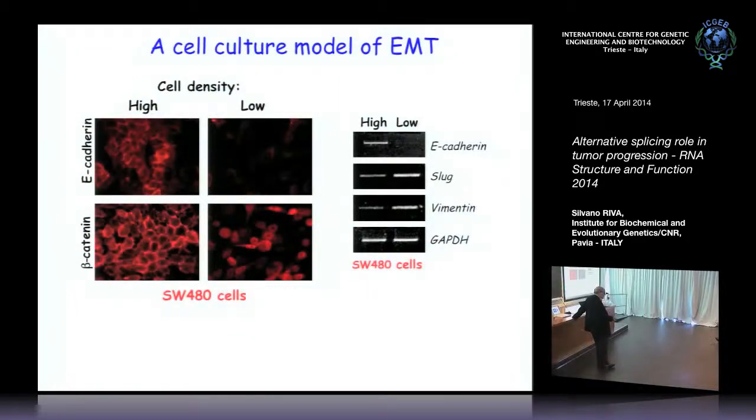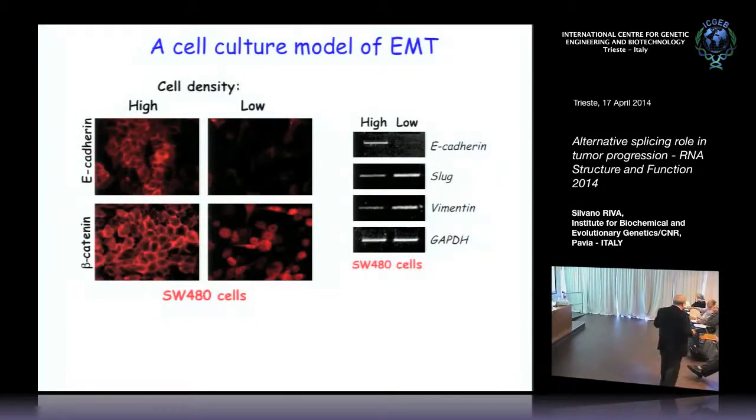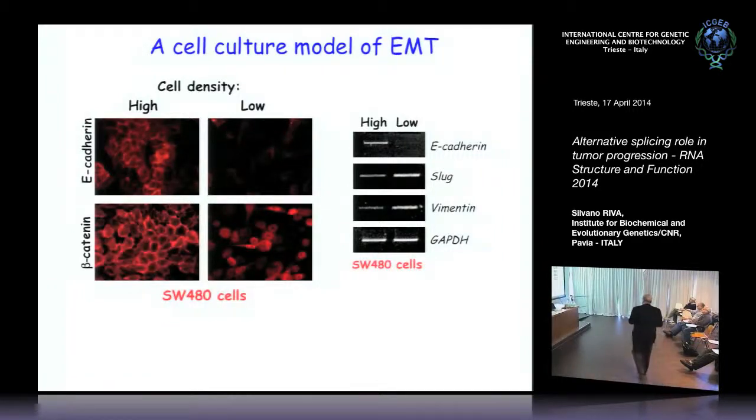So we did a lot of work. We verified that it's this single event. I'm not saying that EMT can be induced only by skipping exon 11 in the RON oncogene. What I'm saying is that this single event is enough by itself to cause EMT.